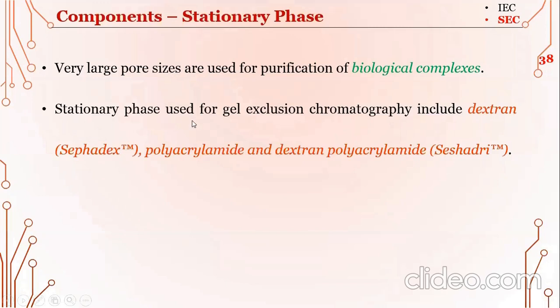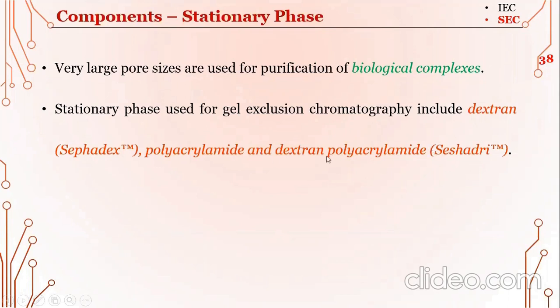The stationary phase used for gel exclusion chromatography includes dextran, also known as Sephadex. Polyacrylamide can be used, and dextran polyacrylamide can also be used.